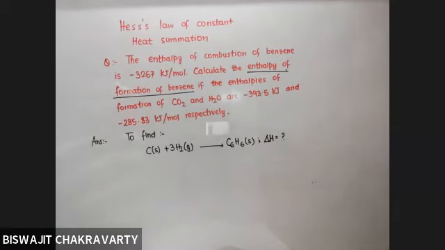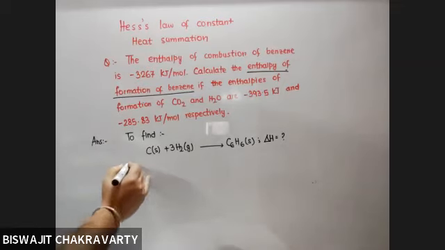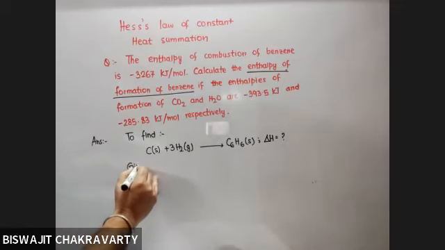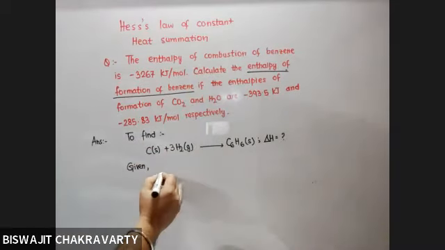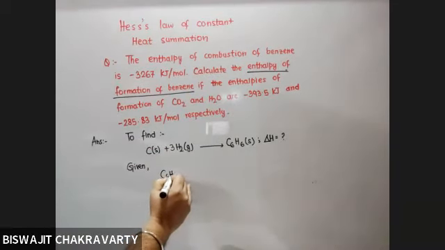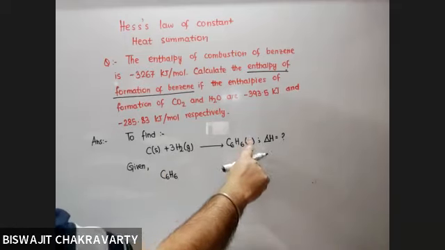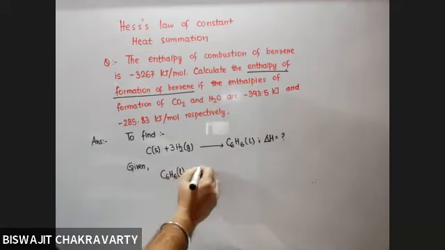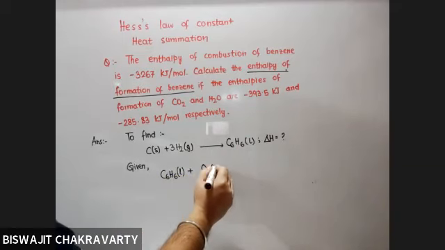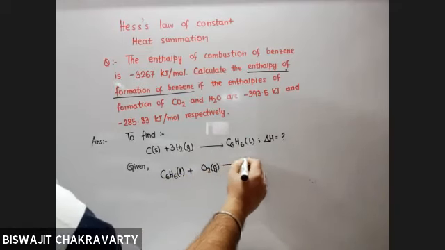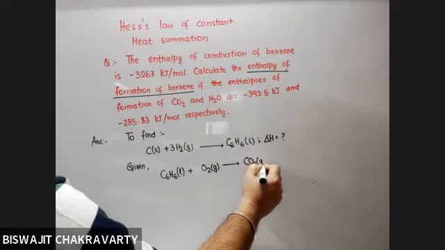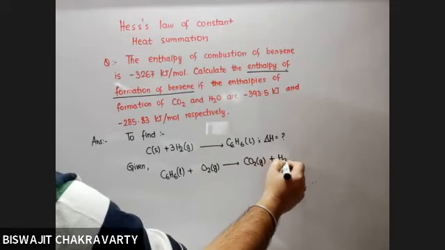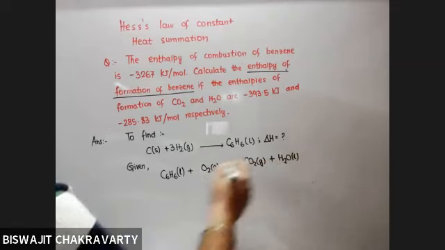Okay. Now, what are the things given? You are given combustion of benzene. Benzene is combusted, which means benzene is not solid, sorry, it is liquid. So benzene upon combustion gives carbon dioxide and water because it's a hydrocarbon.